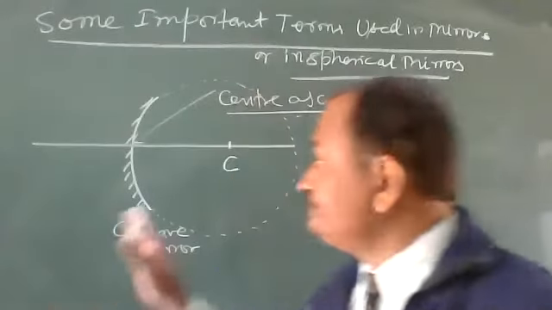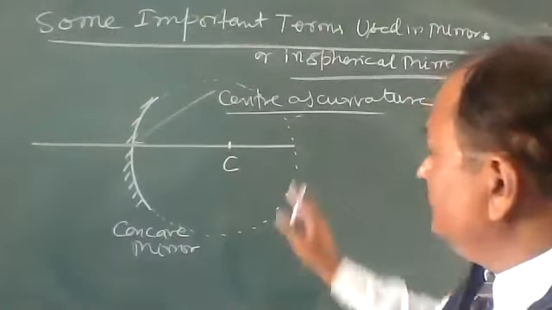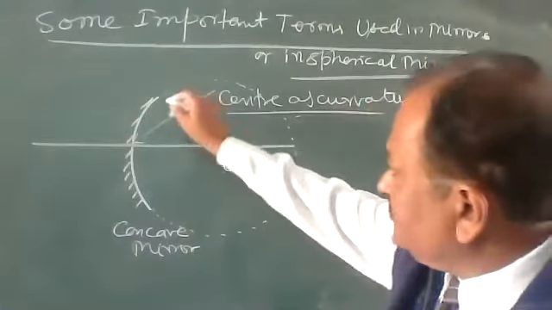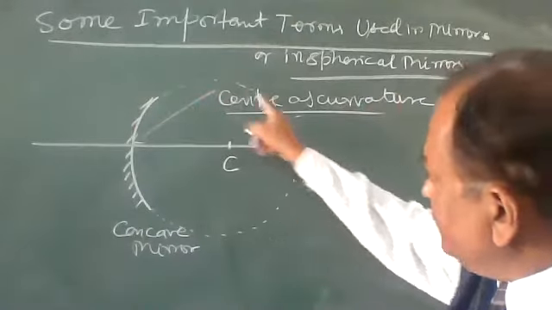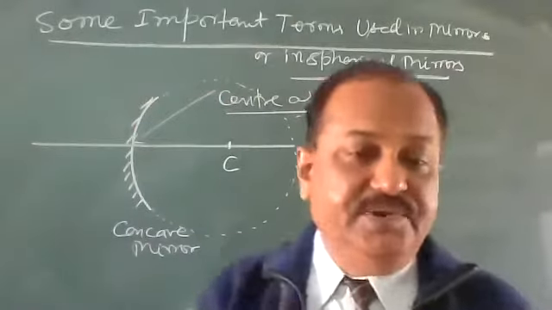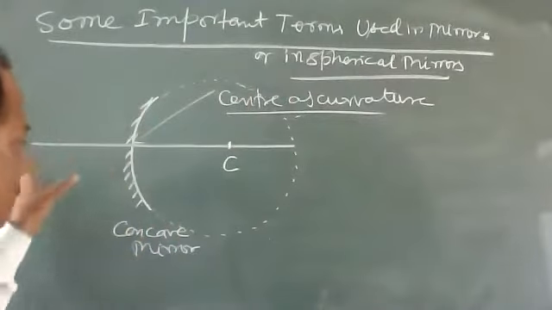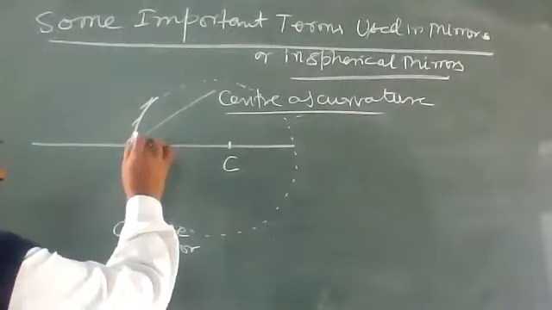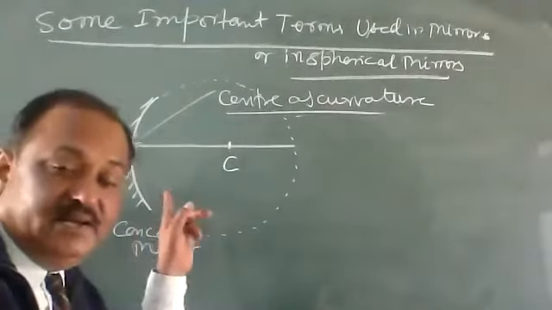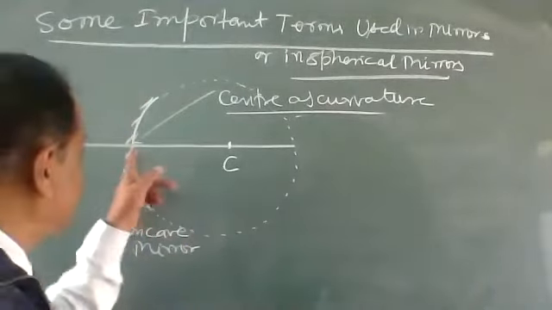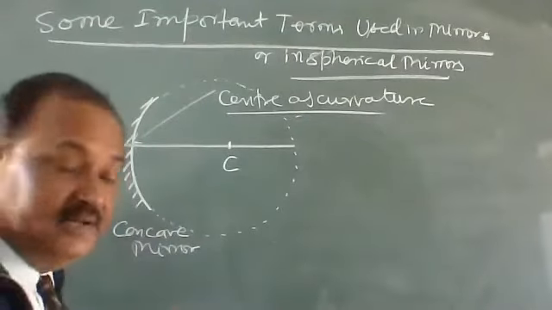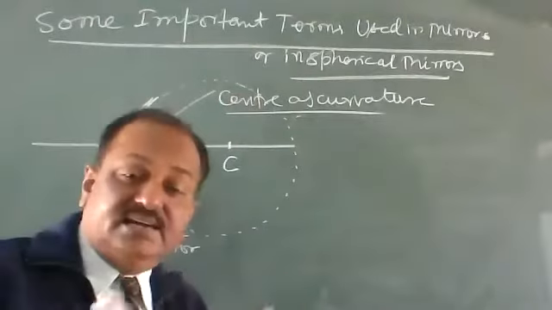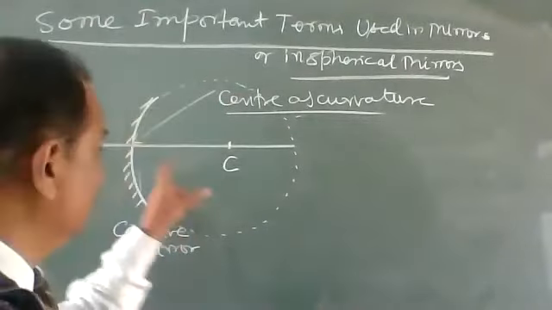Here I have drawn a complete circle. This concave mirror is part of this bigger sphere. Now I have drawn a straight line passing through the geometrical center of this mirror, and this is the complete circle or sphere from which this has been made.